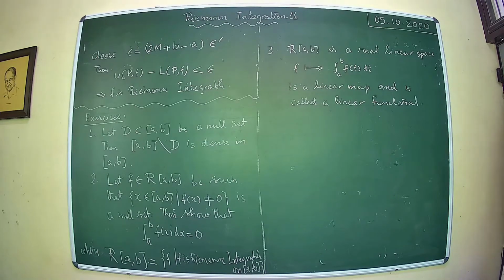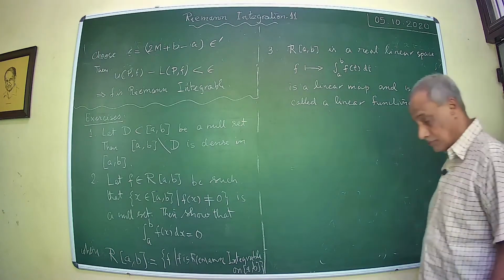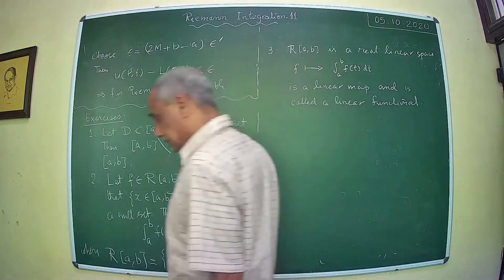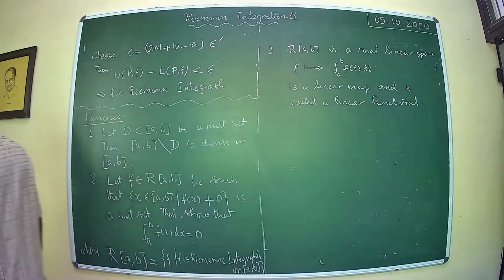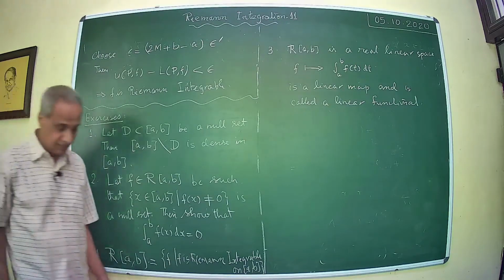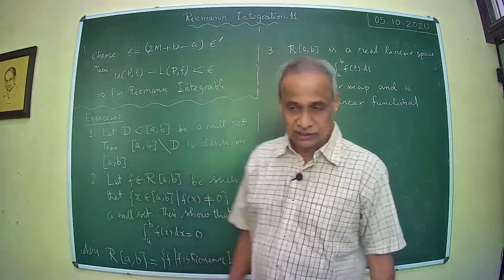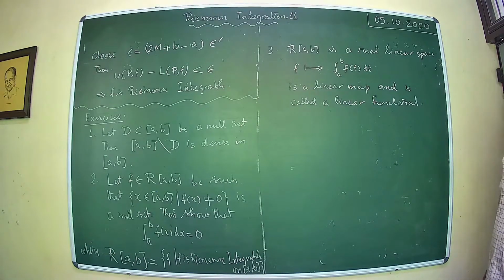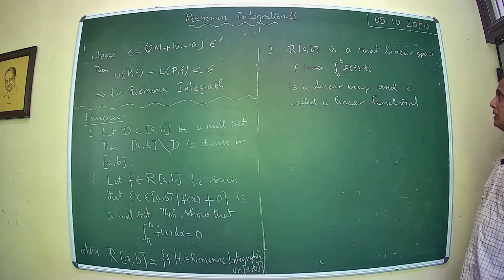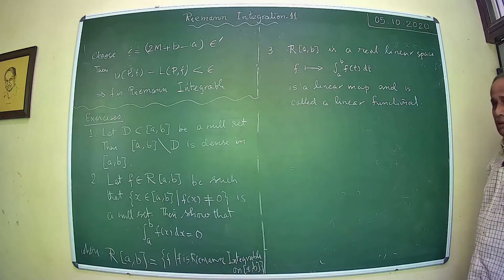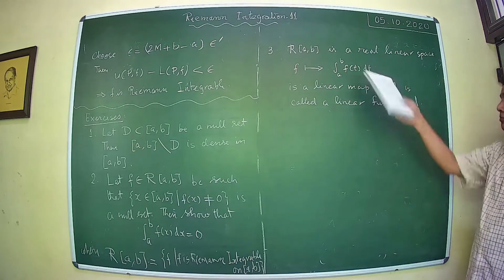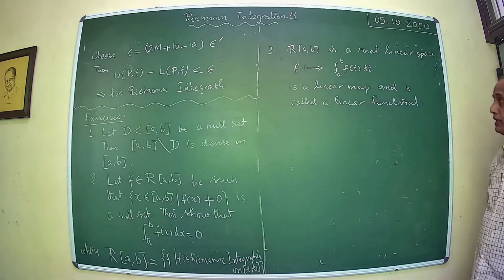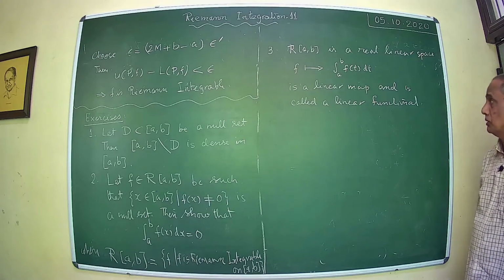And then of course all the properties of the linear space are satisfied there, that is existence of zero, addition is of course associative, commutative, and then you have got all the requirements of a linear space satisfied by R[a, b]. That's what you have to prove.